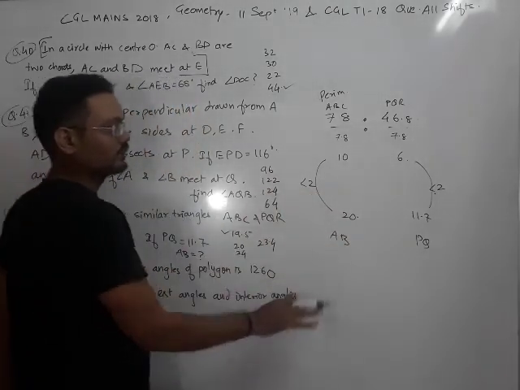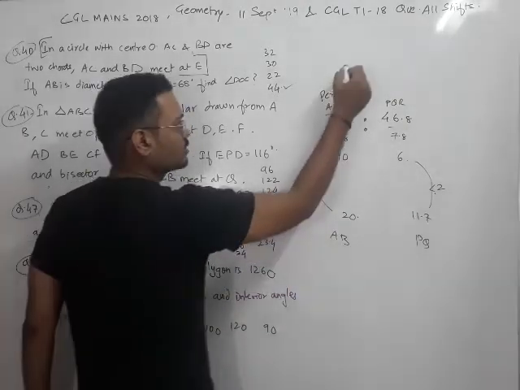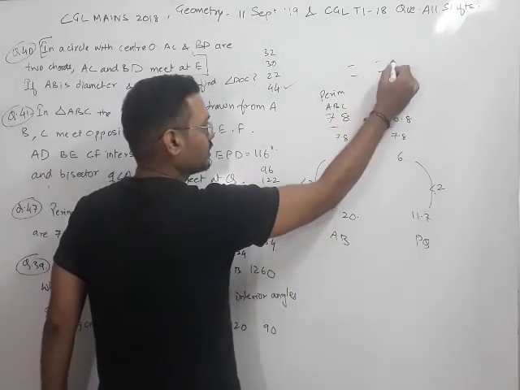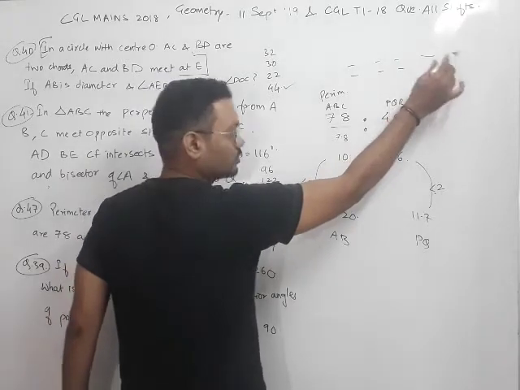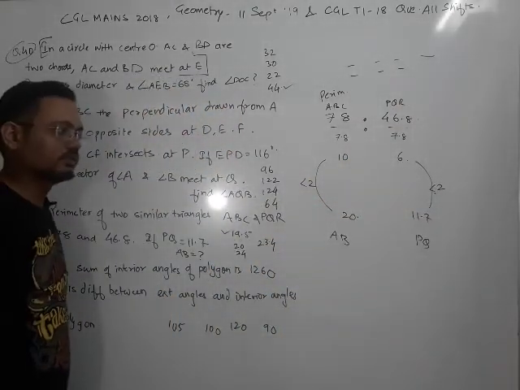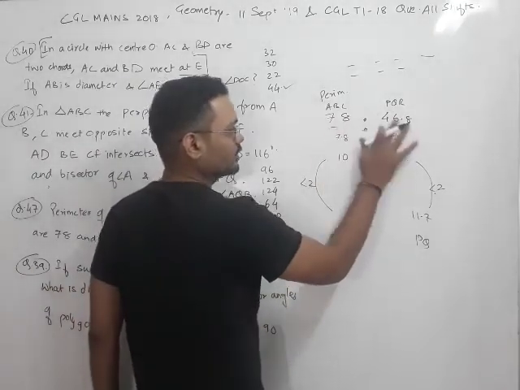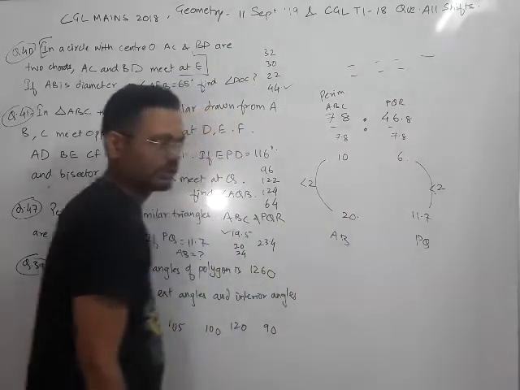If you solve it with similarity, you have to put the perimeters, means all the corresponding sides you have to write, you have to add, you have to use componendo dividendo, and then you will get the answer. Again, I'll explain. The areas are given in the ratio 78 is to 46.8.